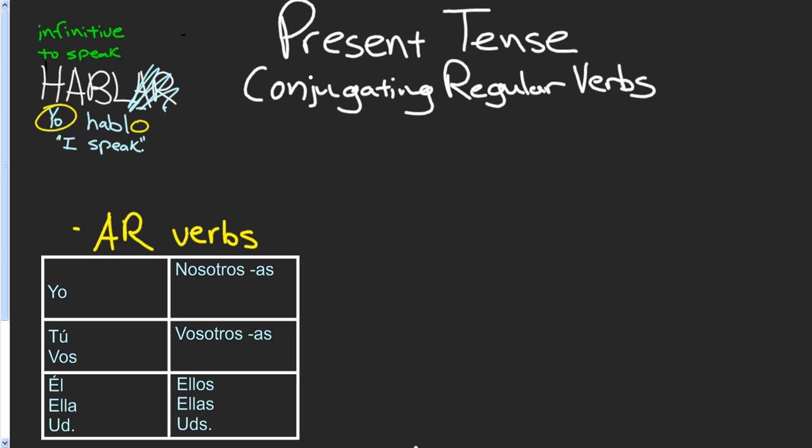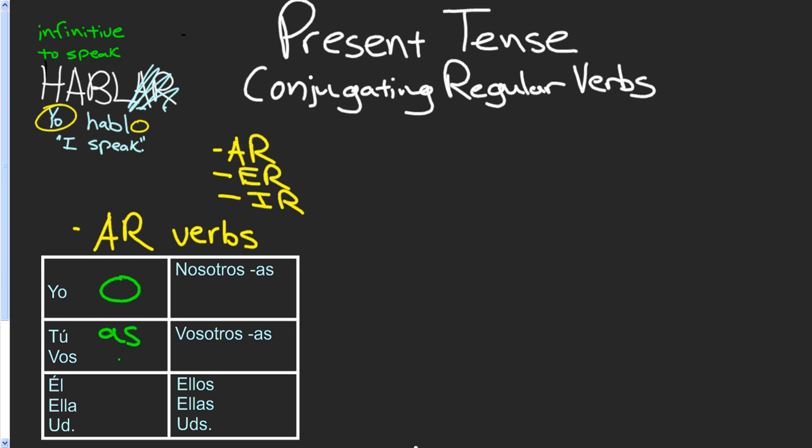There are 3 basic types of infinitives: verbs that end in AR, verbs that end in ER, and verbs that end in IR. So we're going to just take a look in this table for the verbs that end in AR, as does hablar.